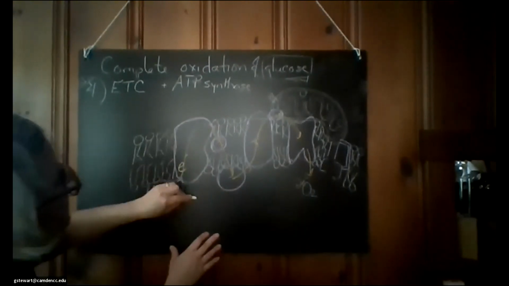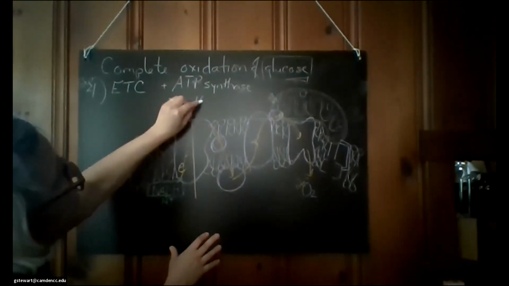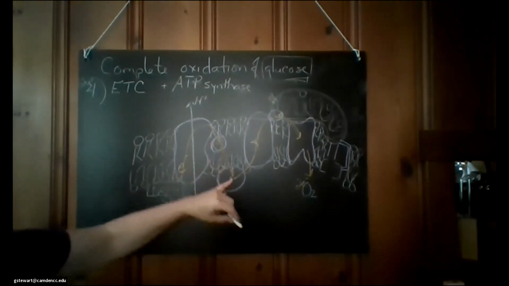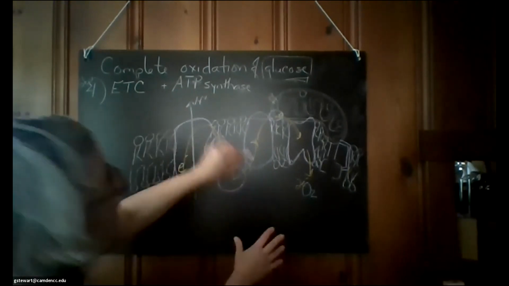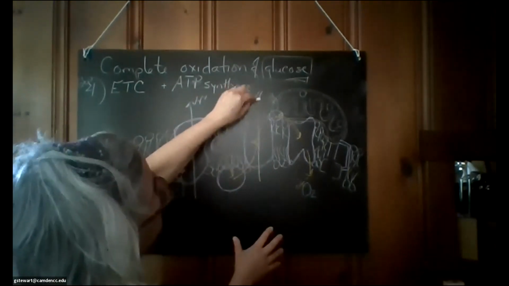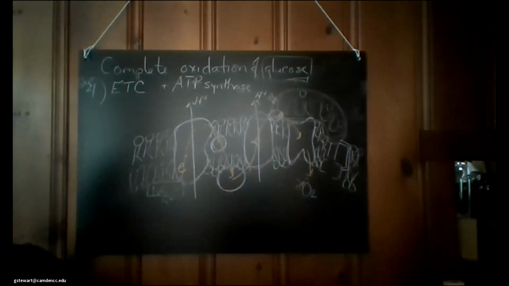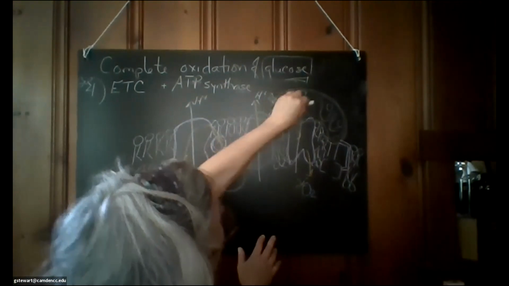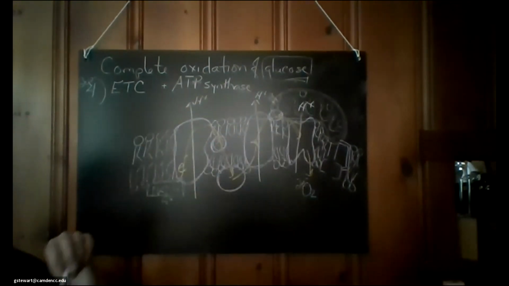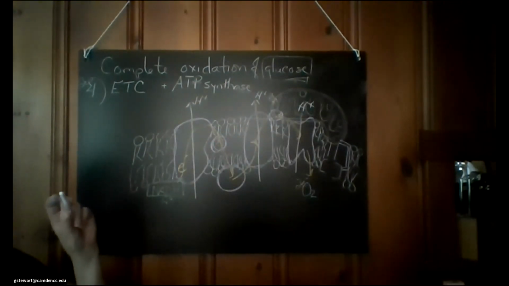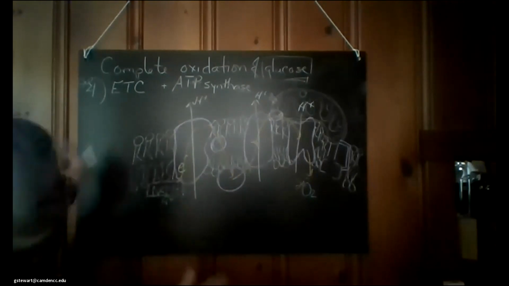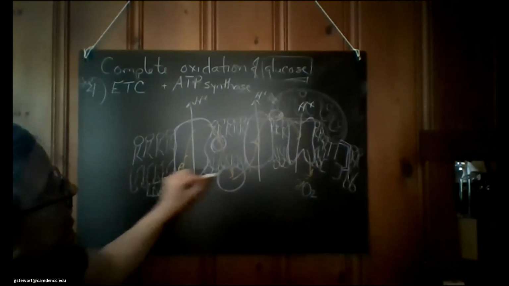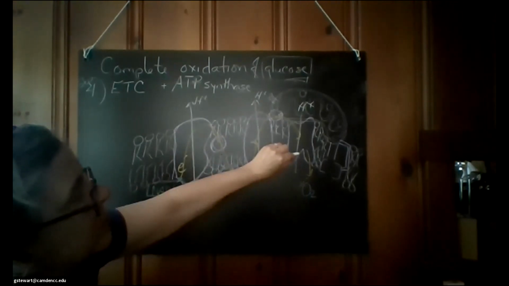This guy is a proton pump, not Q or this guy, but this one, proton pump. And this last one here, which I know you can't see very well, but it's the same as the picture. This is figure 9.15. So proton pump here, proton pump here, proton pump here.